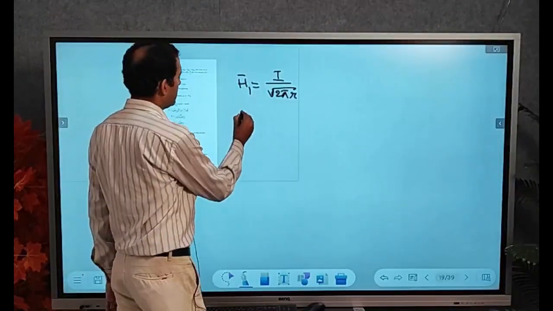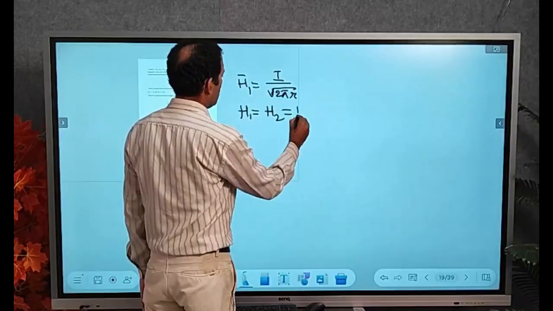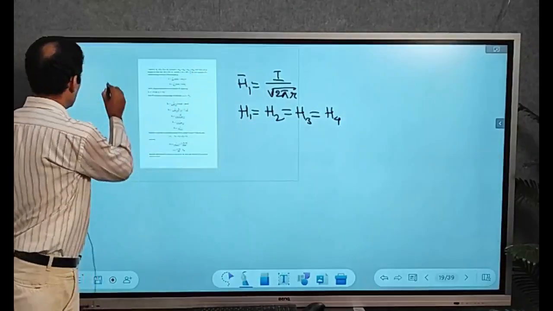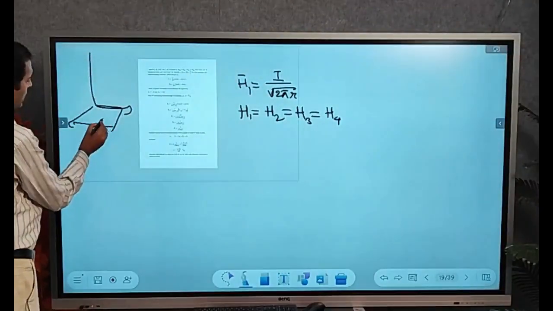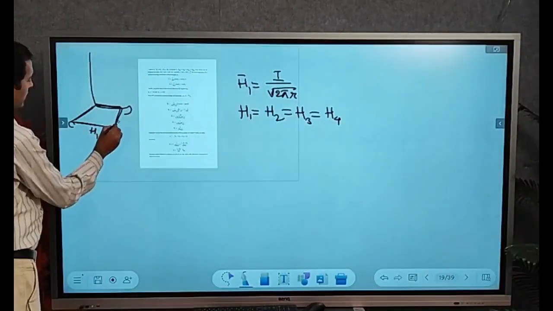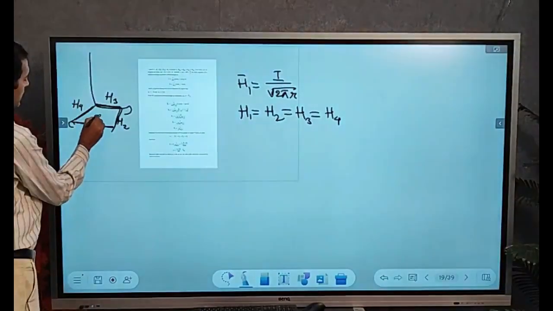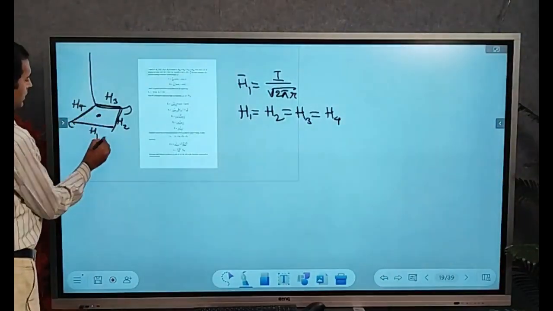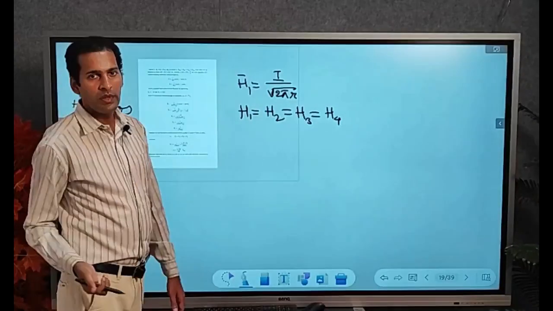So what we can say is H1 equal to H2 equal to H3 equal to H4, because on this square all of them are applying the same amount of magnetic field intensity. So these are all equal. So we already have H1, so we have all the values.